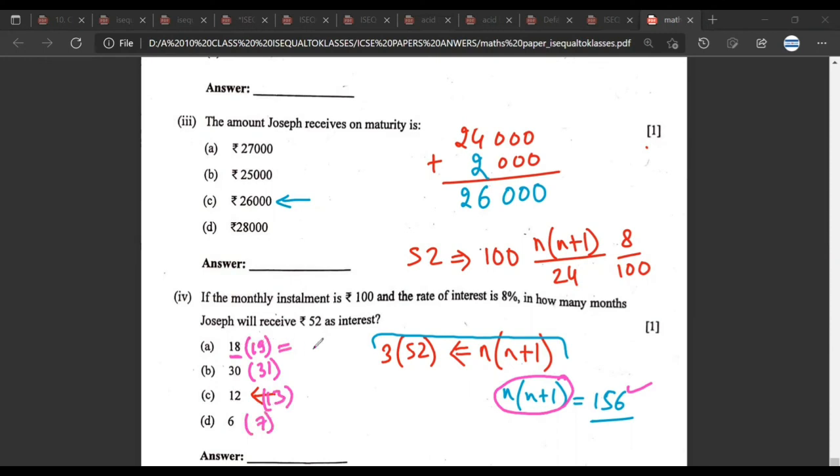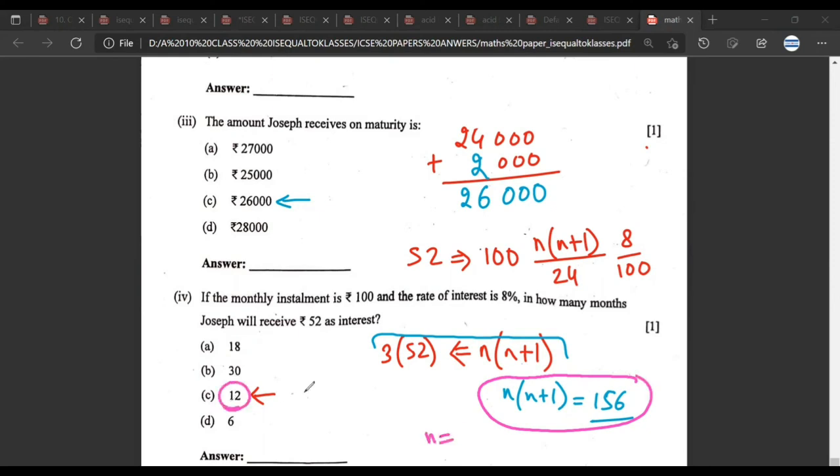Now, if you multiply 18 into 19, the last number would be 2, so this is not the answer. 30 into 31, the last number would be 0, this would not be the answer. 6 into 7, the last number is 2. 12 into 13 ends in 6, yes, there is a 6. So if you look closely at this equation, the only n which will solve the problem would be 12, because 12 into 13, if you multiply, your answer would be 156. So this is one of the tricks that you can use. Otherwise, you can solve the quadratic equation.